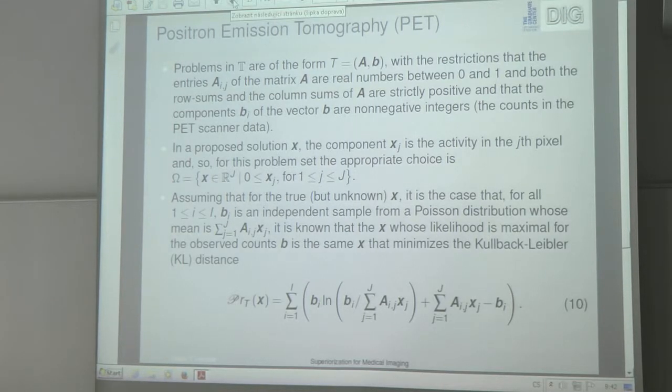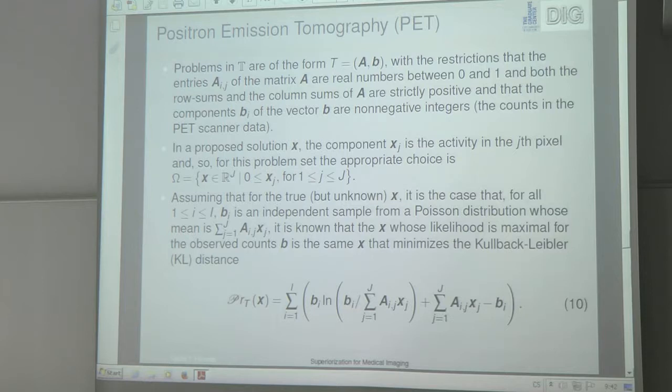And another application where we tried this out is positron emission tomography. In positron emission tomography, you're counting the number of photons that were generated along a number of lines, and because the underlying model physically is a Poisson distribution, the appropriate proximity function is the so-called Kullback-Leibler distance, which is defined over here.